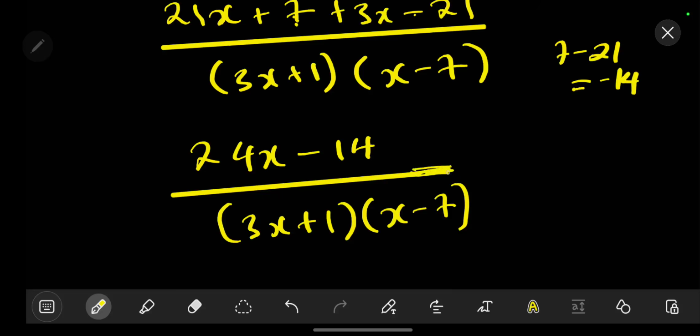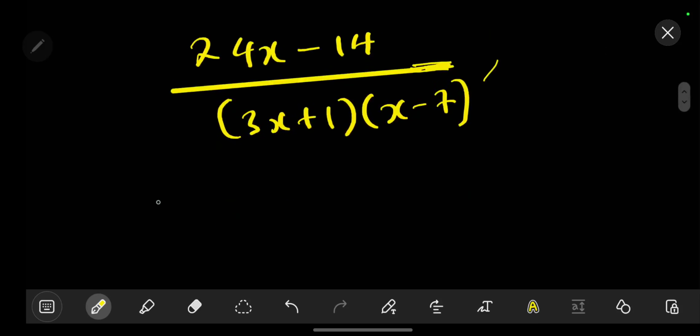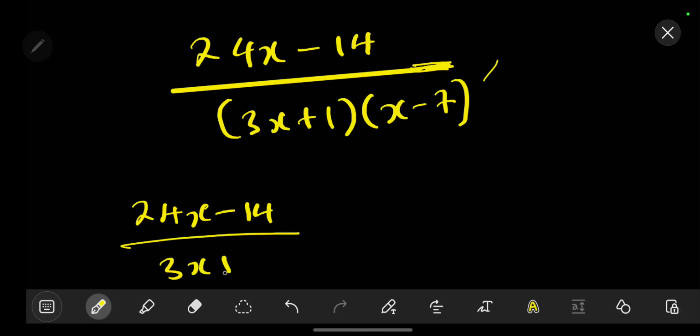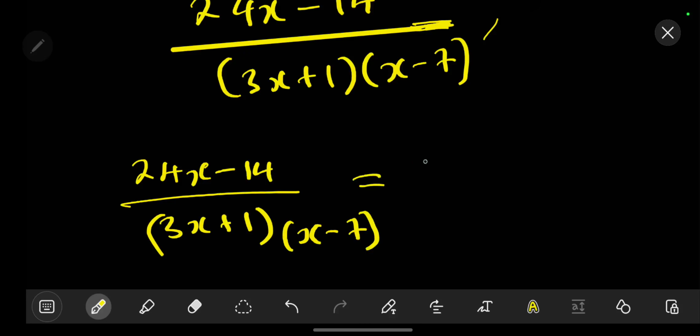Now under partial fractions, we are required to reverse the process. So how do we reverse it? All we have to do is write 24x minus 14 over 3x plus 1 times x minus 7, and equate this to the unknown number, a, over the first denominator, which is 3x plus 1.